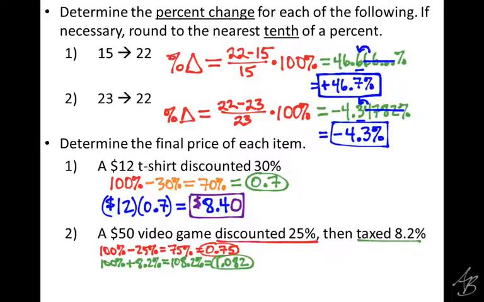So to get the final price for this video game, after the 25% discount, but with the 8.2% tax, what are we going to do? And what does that give us? 40.575. Okay.